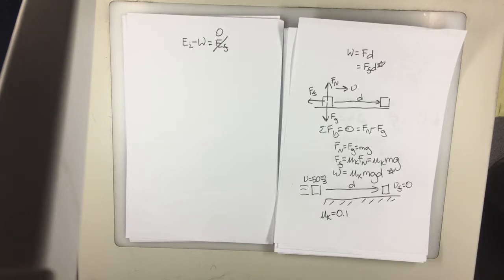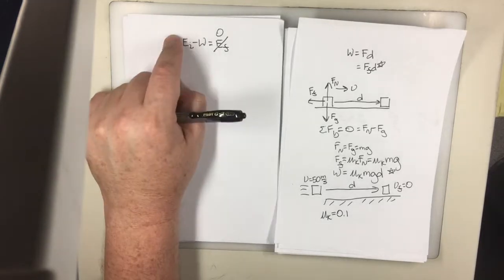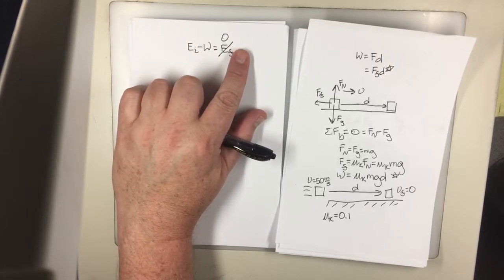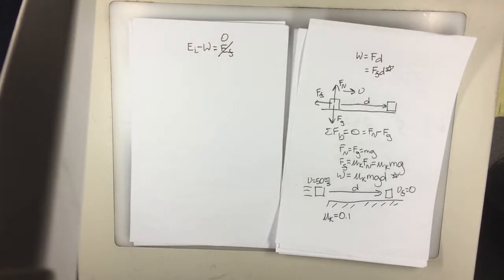One is there's no springs, and two is there's no change in height. Technically, there is a potential energy over there, and there is a potential energy over here. But those two potential energies are the same. The heights are the same, so I don't worry about it. If the object remains at the same level, you don't have to bother with it.